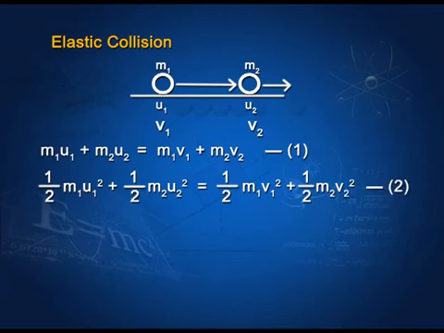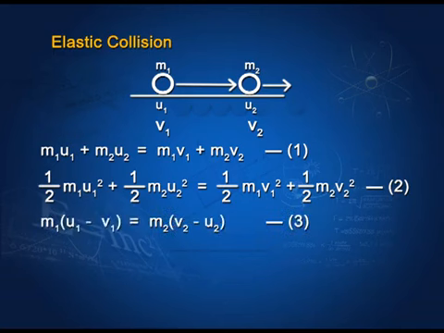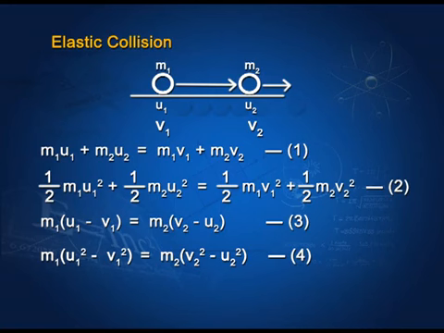Combining these equations, we could rewrite equation number 1 as m1 into u1 minus v1 equal to m2 into v2 minus u2. Let us call this equation 3. From equation 2, we can get m1 into u1 square minus v1 square equal to m2 into v2 square minus u2 square, and let us say this is our equation 4.